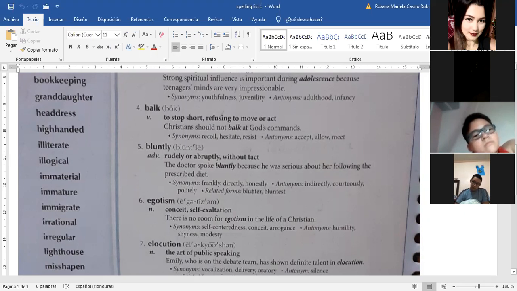Now the number 4. Pay attention to the number 4. It says, in Paradise Lost Satan's, and then we have the word, show itself in his proud words, better to reign in hell than serve in heaven. Oh my goodness. Listen to those words.